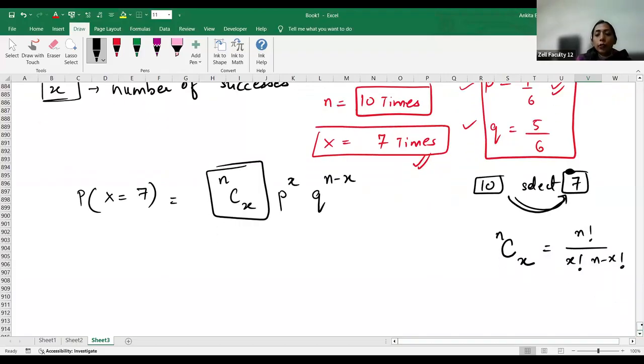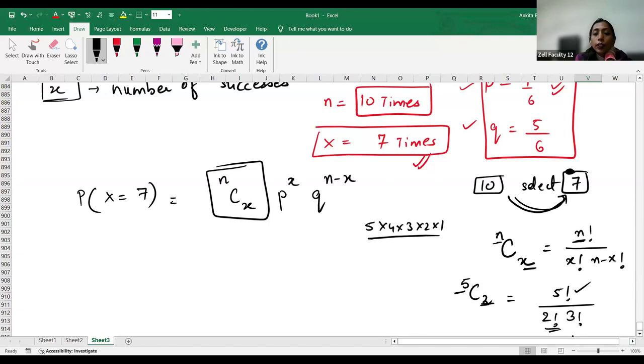Don't worry, I'll just tell you. Suppose I want to find 5C2. So n here is 5: 5 factorial divided by x factorial, x is 2, so 2 factorial, and then n minus x, so 5 minus 2, that is 3 factorial. Now how do I solve this? 5 factorial is calculated as 5 into 4 into 3 into 2 into 1. 2 factorial means 2 into 1. 3 factorial means 3 into 2 into 1.